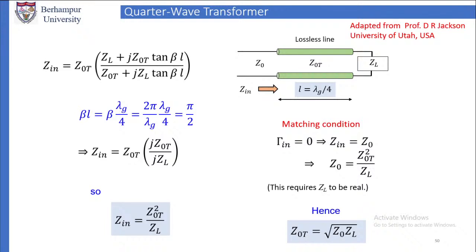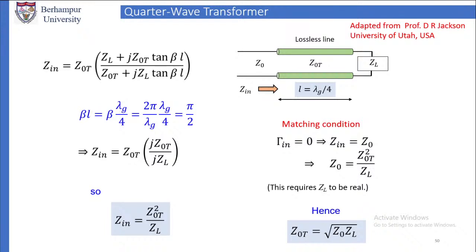Important is that the length of the transmission line is a quarter of the guided wavelength, and at one end the transmission line is terminated in a load. The load impedance is ZL. The characteristic impedance of the transmission line over this quarter wavelength is Z0T, and the other end is connected to another transmission line whose characteristic impedance is Z0.